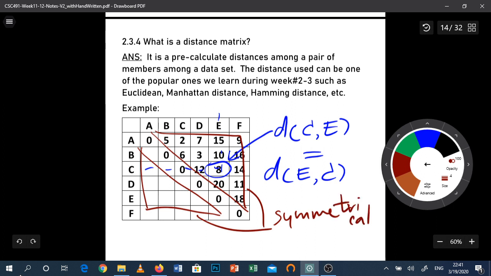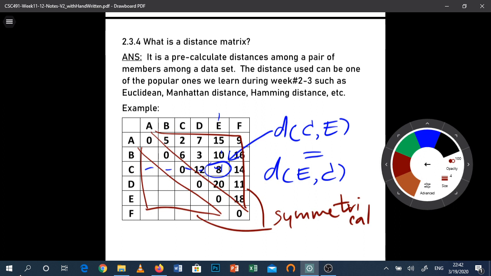So you often see that they would show only the top right half. No need to show the complete repetitive bottom left half. That's how we will see the distance matrix in reality.